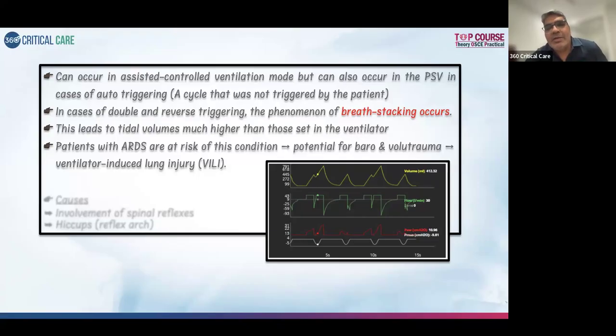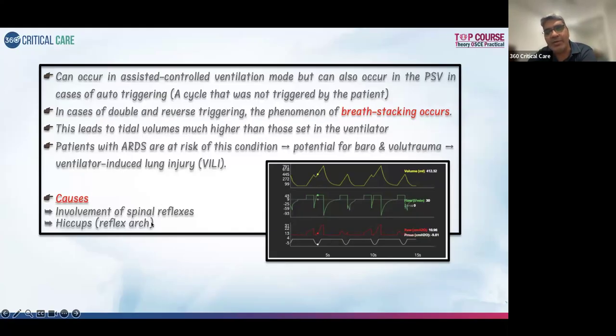As I said, this can lead to increased delivery of the tidal volume, and can cause barotrauma and also volutrauma, which can lead to ventilator-induced lung injury. The cause is spinal reflexes that govern the supply to the diaphragm getting activated. Sometimes patient hiccups can cause this too. But hiccups are not, by definition, double triggering.